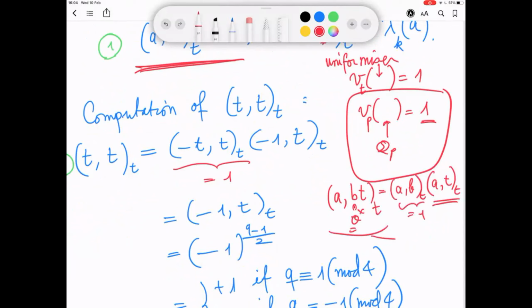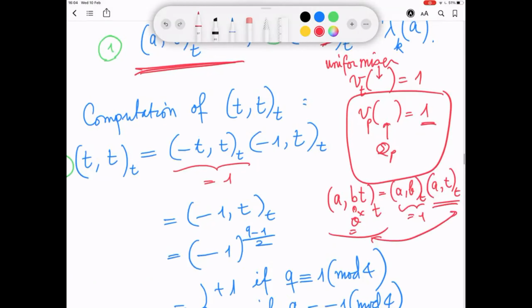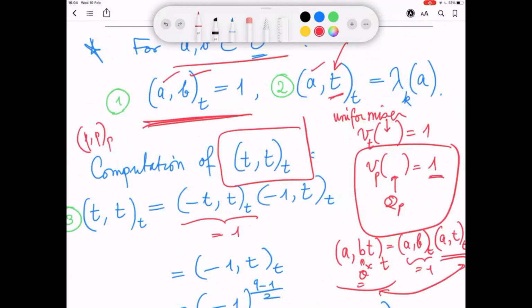So as I said, these two allow you to compute the Hilbert symbol in all cases. For example, let's compute this (T, T)_T. So we had computed earlier (p, p)_p, right? So here's the computation. I can write T as minus T times minus 1. And then by multiplicativity, I get this.